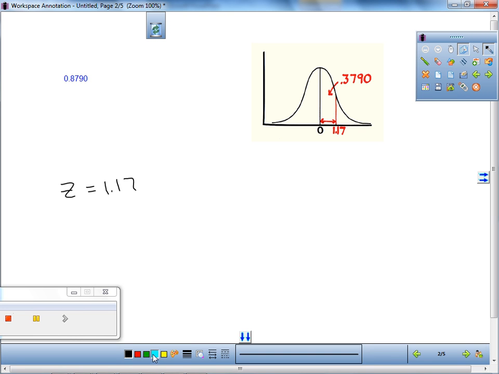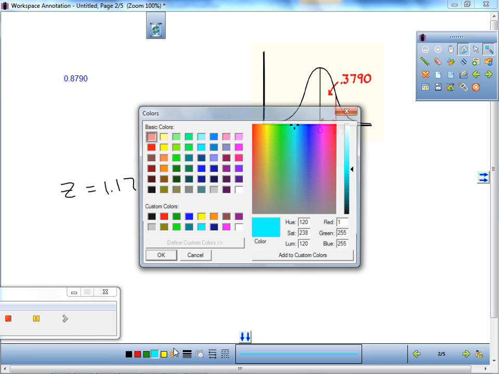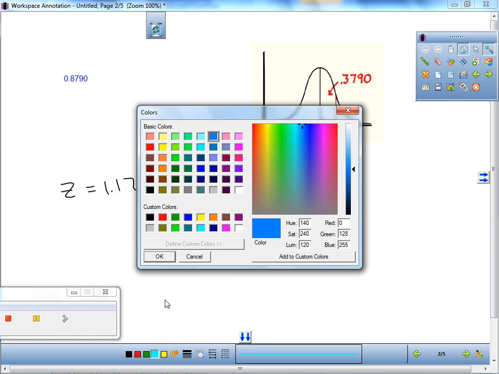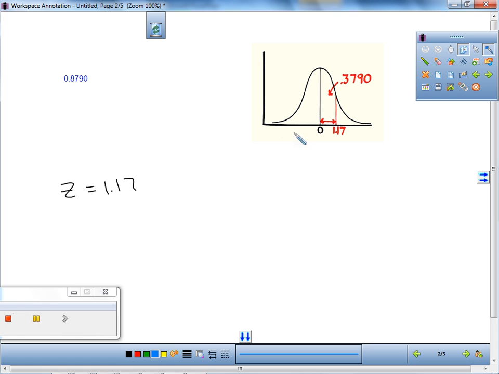Alright, so it represents everything back here, from down here all the way to here. Well, we're wanting from the mean on, so we only want this part. Okay, we only want the part in red.